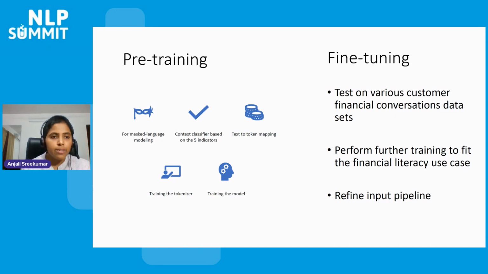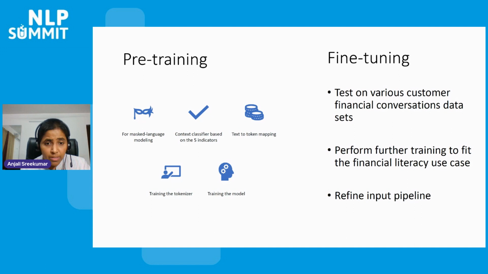In order to train a new BERT model, we start with pre-training and then fine-tuning. For pre-training, we use the masked language modeling capabilities and train the model with the data set that we have already labeled for this use case. And then you use the context classifier based on the 5 indicators that we discussed a few slides back.